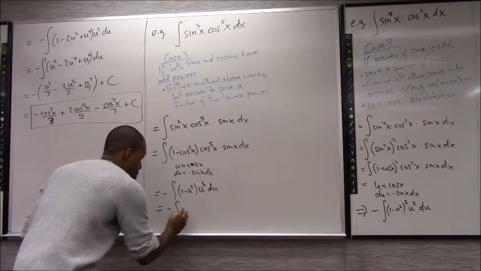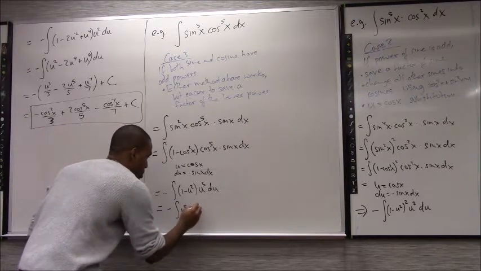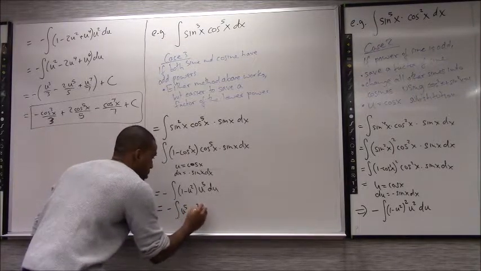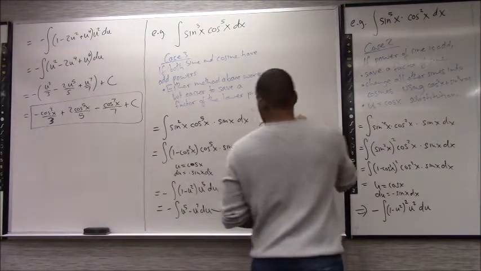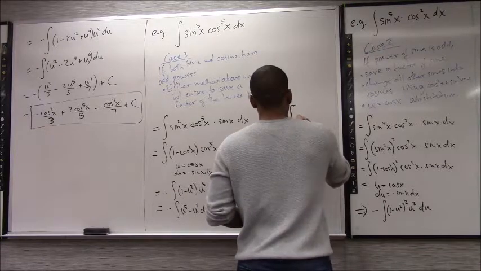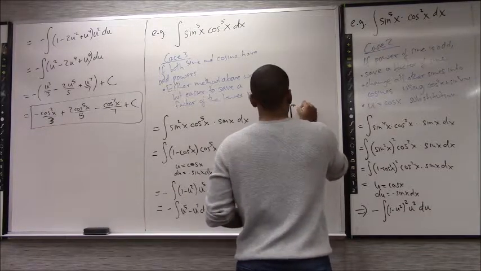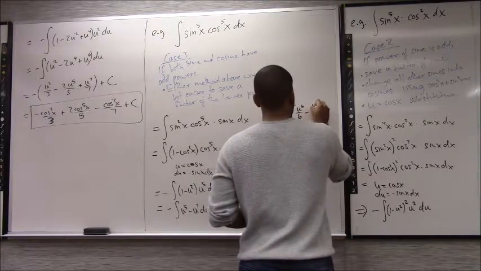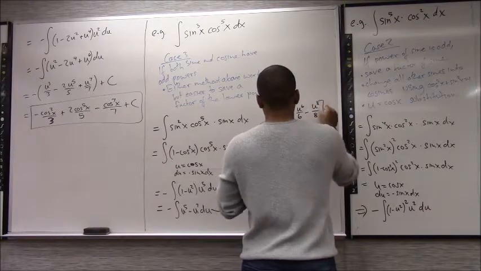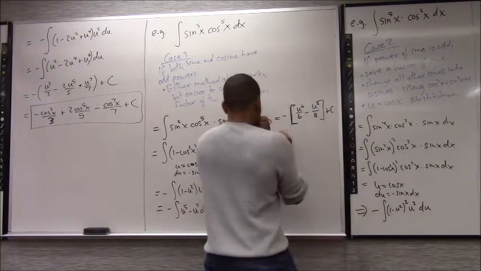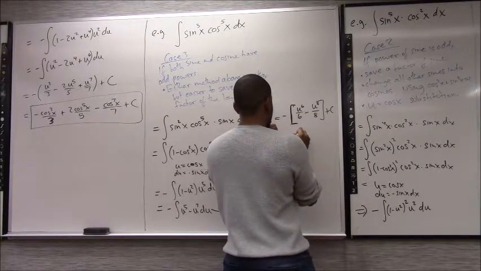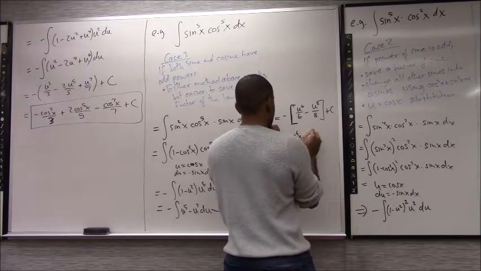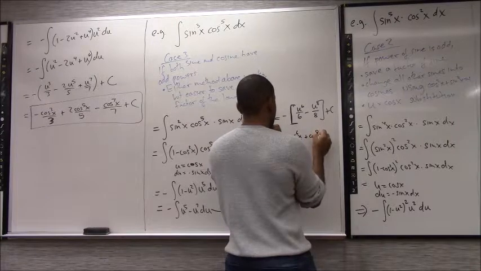That's minus u to the 5th minus u to the 7th du. And that gives me u to the 6th over 6 minus u to the 8th over 8. With the minus sign and u as cosine, that's minus cosine to the 6th over 6 plus cosine to the 8th over 8 plus C.